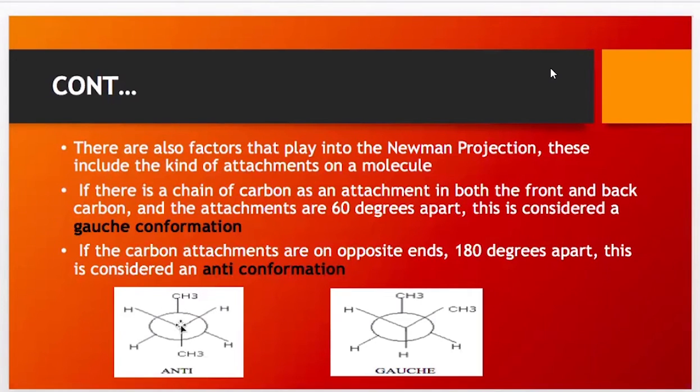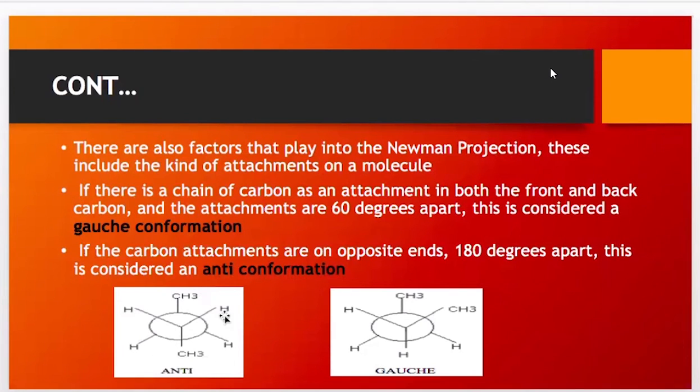So this carbon atom is in front, connected to a carbon atom which is behind. Try to visualize that in space. The carbon behind, on the circle, is bonded to a CH3 at that position. Then this carbon in front of you is bonded to another CH3.